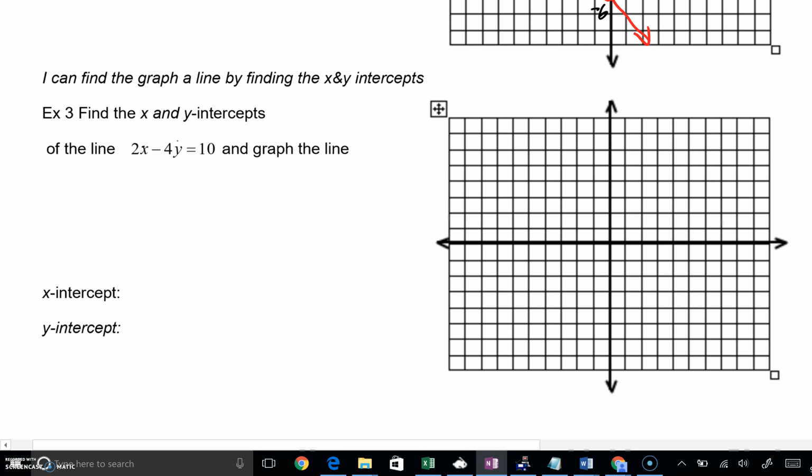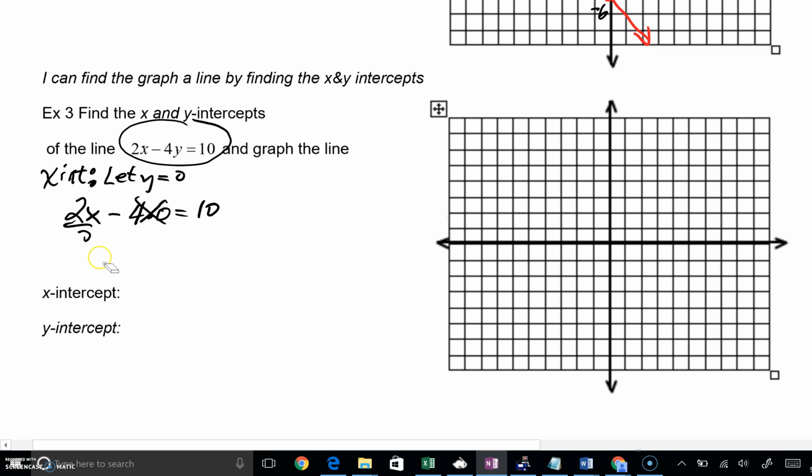So here we have 2x minus 4y equals 10. We're going to have to do what we did in example 1. X-intercept, what equals 0, guys? What do we let equal 0? Y. We let y equal 0. And we can say here's 2x minus 4 times 0 equals 10. Hey, perfect example right here of a nice simple equation.